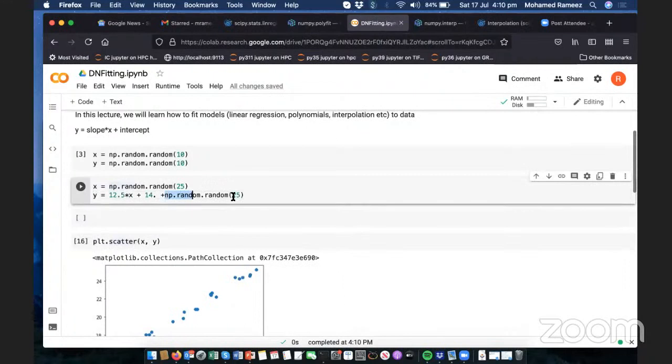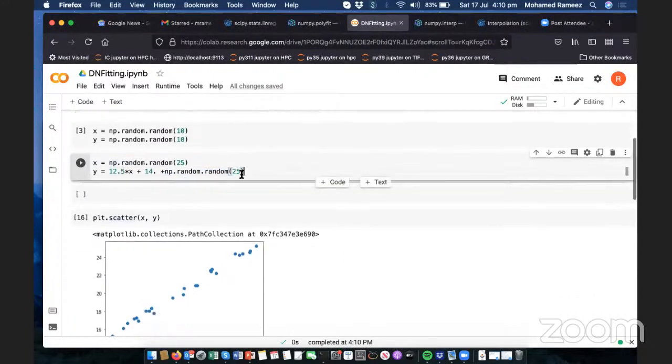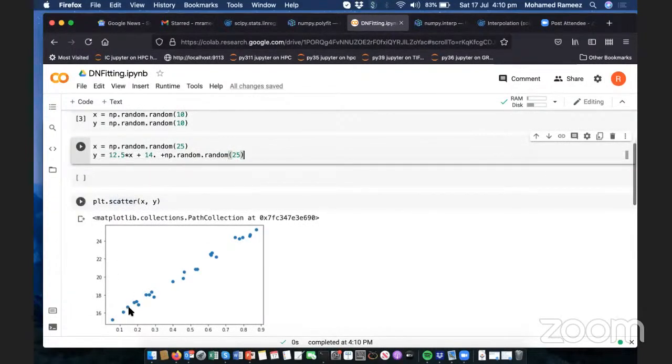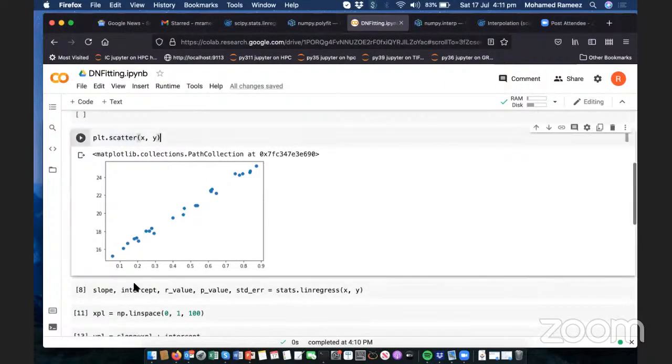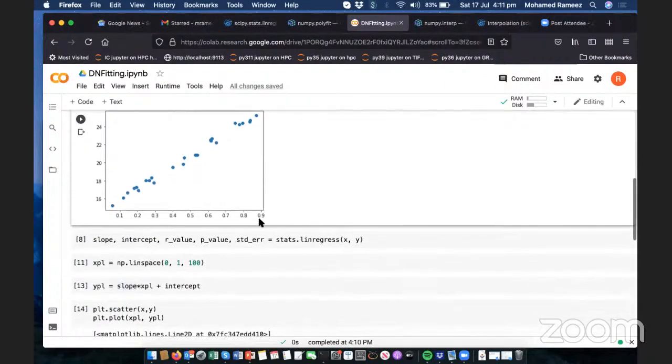And I'm also adding some noise, which is 25 random numbers between 0 and 1. But you notice that because this is always between 0 and 1, and these numbers are much larger, the noise is quite small. And so if I plot it, I get something that looks like a line.